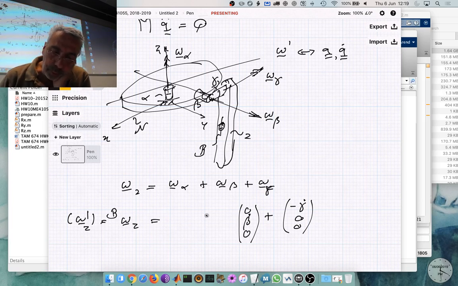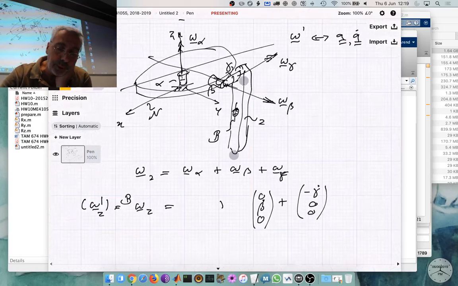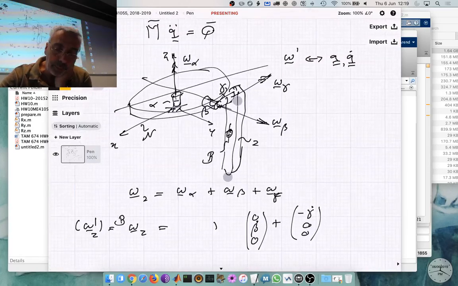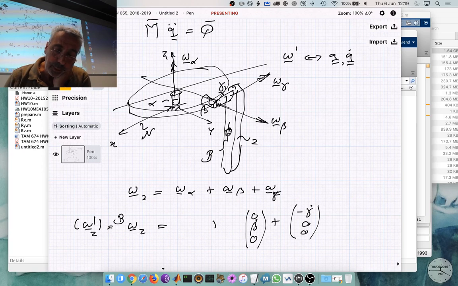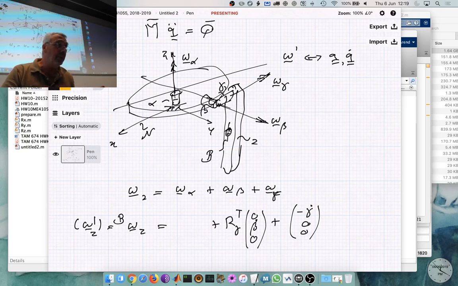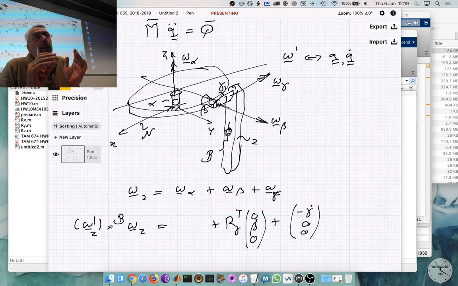Then we have to transform it to this body, and that's the inverse transformation. Not about the beta, but the gamma, of course, because this gamma changes the orientation of the body, right, this x. So we need here R gamma, but then transpose, because we have to go back to our body. You could also write it as R of minus gamma.